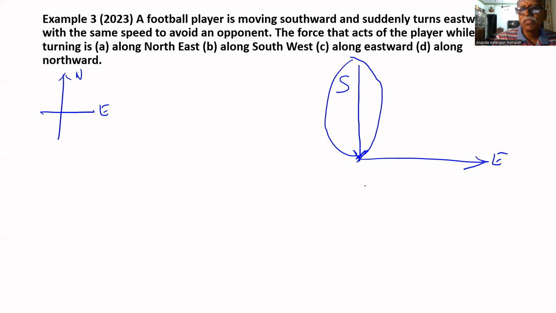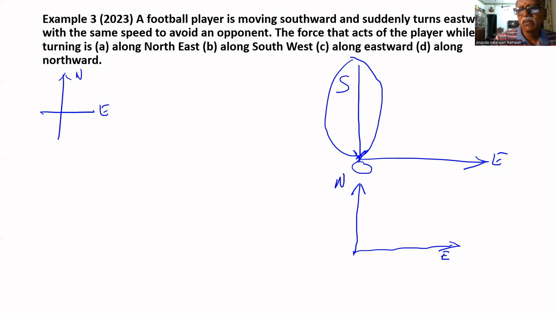For that we need an equal and opposite force towards north. Then he has to turn towards east. For that, he needs some force towards east. So the combination of these two will avoid collision with the opponent player.